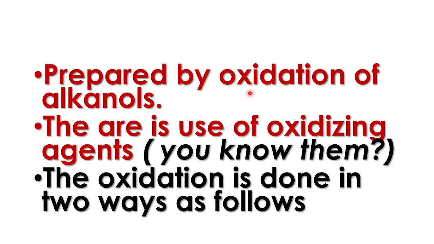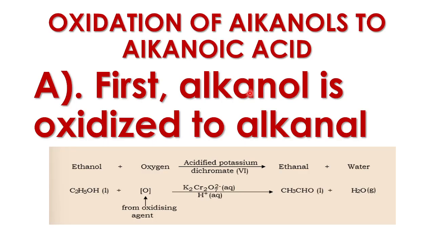So let me just see the equations. The point is the oxidation of alkanols to alkanoic acids. First, an alkanol is oxidized to an alkanal as follows. You write the equation: ethanol plus oxygen, in the presence of acidified potassium dichromate(VI) as the oxidizing agent, will give you ethanal and water.